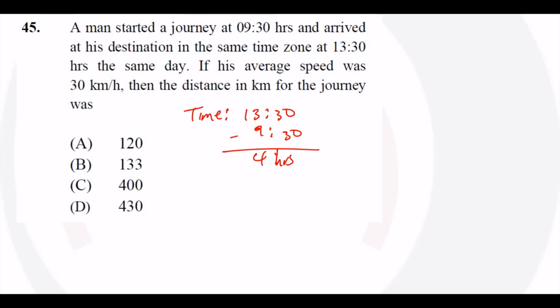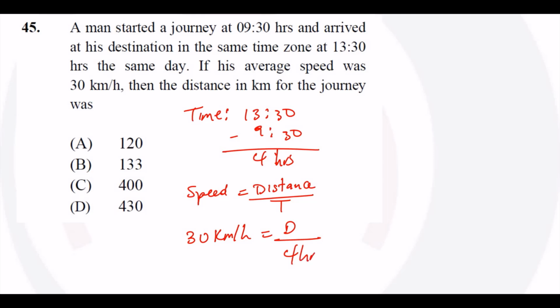And we get the speed. So speed is equal to distance over time. So let's plug in what we have. We have the speed, that's 30 kilometers, and per hour just means over the hour, is equal to, we want to find the distance, so let's put D, and the time is 4 hours.